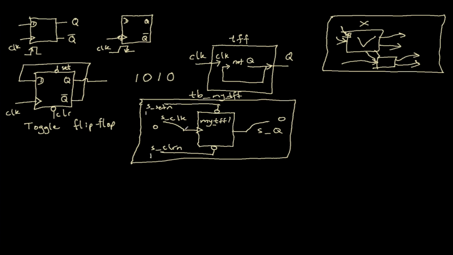I'm initializing to 1 so that originally this device will not be cleared and will not be set initially. Okay, that's to start out. I can now decide when I want to supply an active signal to set or to clear as I want. So this is my architecture of the T flip-flop. Let's get into Quartus and let's write our program.